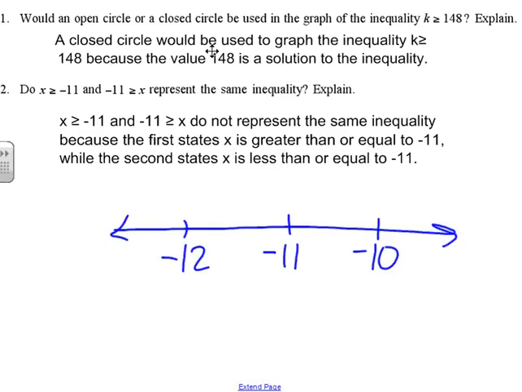So the first inequality would be graphed with a closed circle going to the right. The second one says that negative 11 is greater than or equal to x. So this one would be graphed with the ray going to the left. So those are not the same inequality.